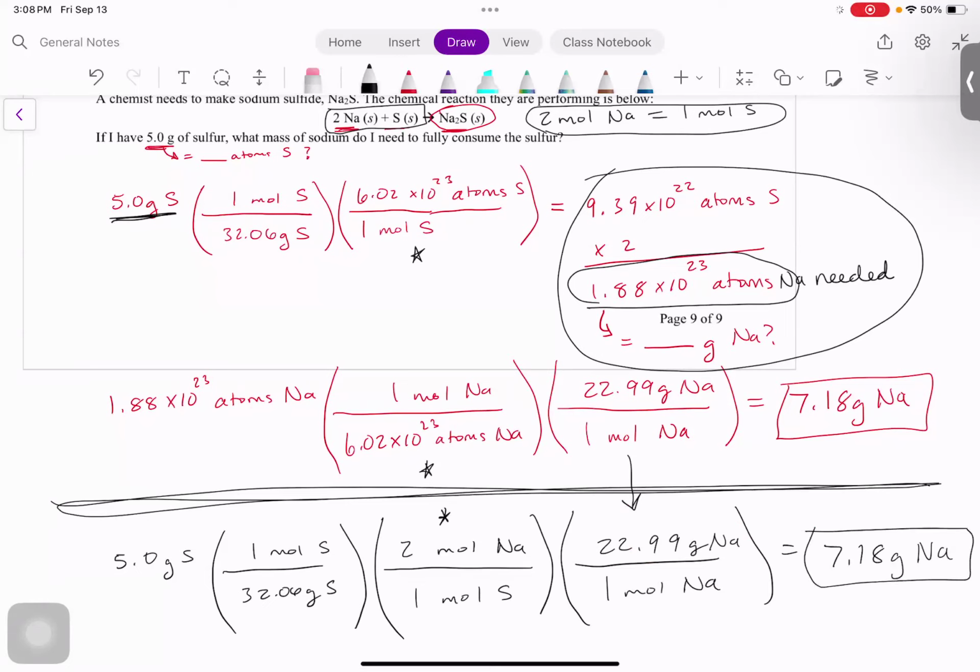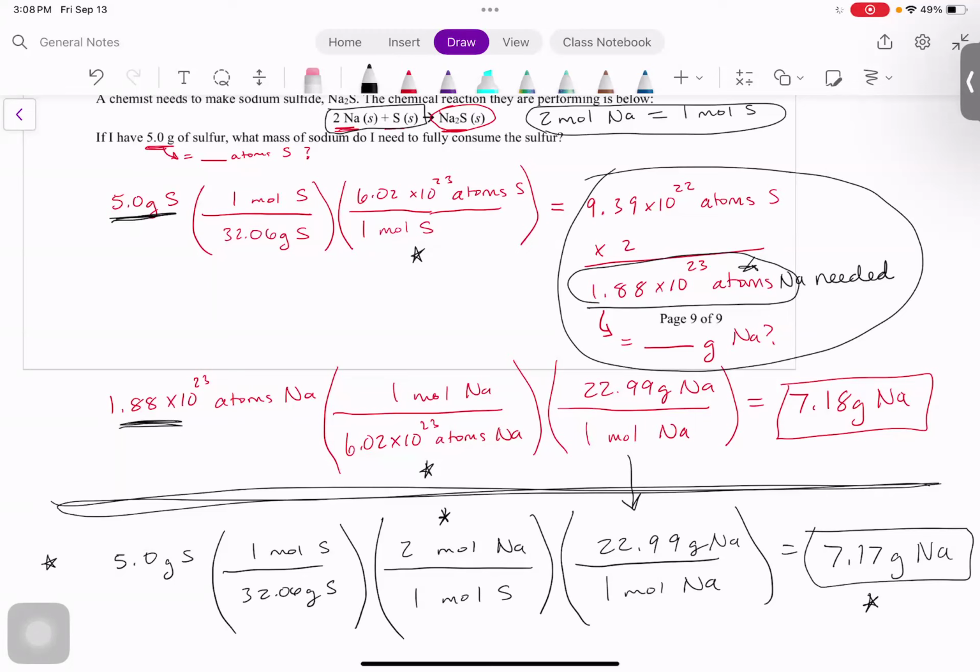So 5 divided by 32.06 times 2 times 22.99, and we get 7.17 in this case, probably just rounding differences. So 7.17 is what I got here. That's fine, just difference in rounding. This answer is probably more correct because up here, we rounded at this step to get this number, whereas this process down here required no rounding.